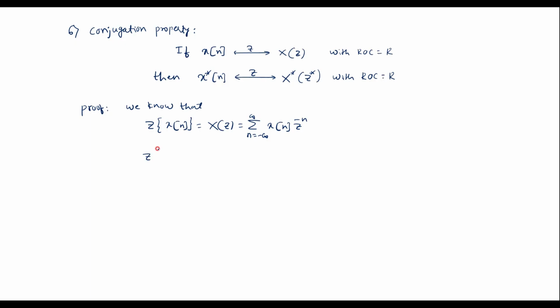Therefore, the Z transform of the complex conjugate of x(n), that is x star of n, is equal to the summation n varies from minus infinity to infinity, x star of n z power minus n.